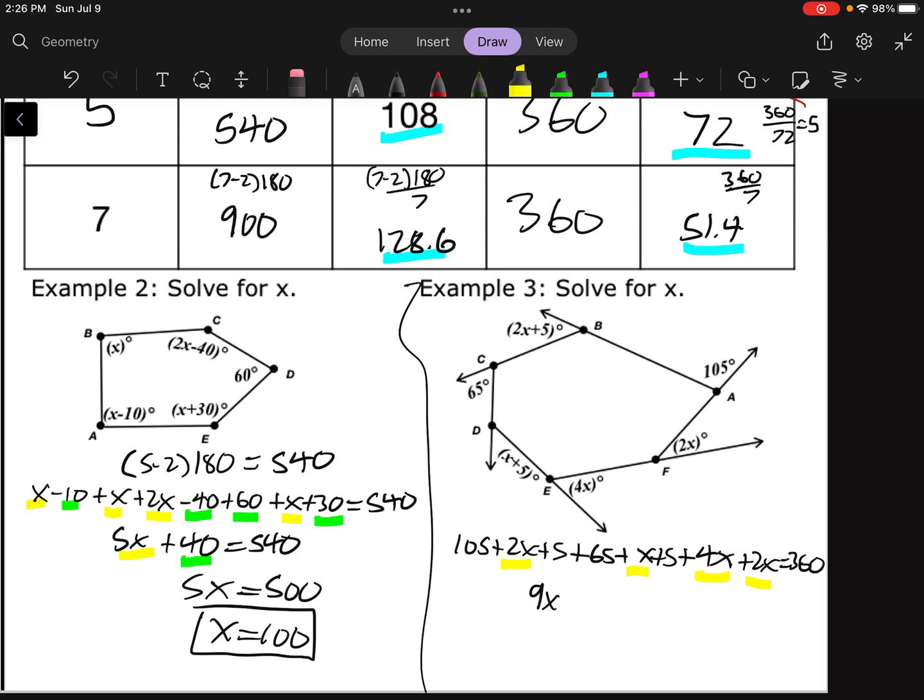So 9x, and then what's going on with our constants? 105 plus 5 is 110, 175, 180. 9x plus 180 equals 360. We subtract the 180, we get 9x is equal to 180, and that's going to give me 20.